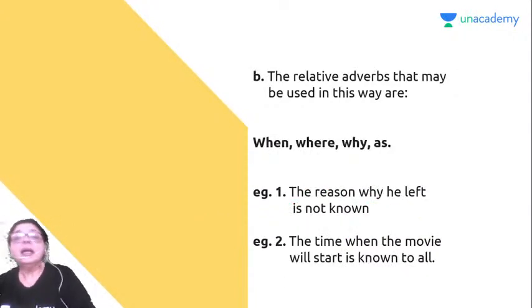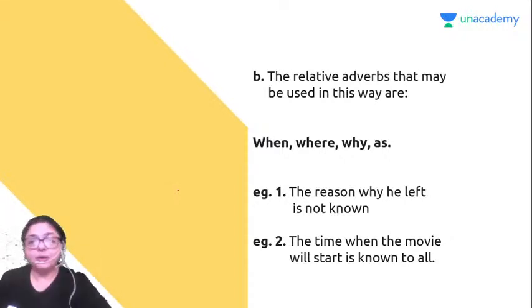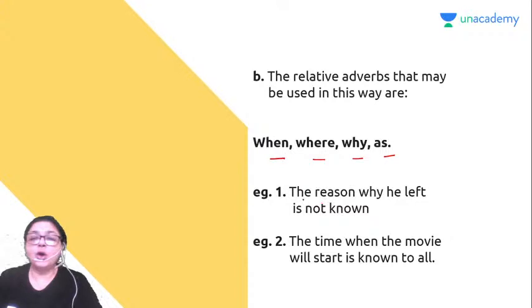Now, the relative adverbs that may be used. What are my relative adverbs? When, where, why, as. Now these are all my relative adverbs which I am going to use. The reason why we left is not known.